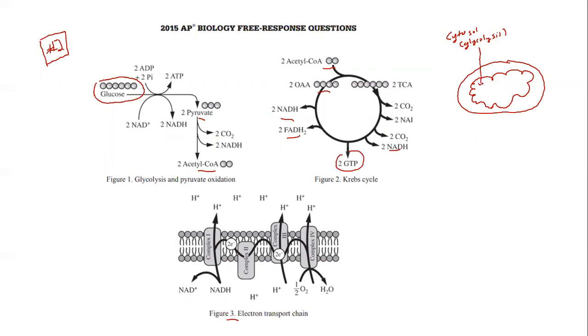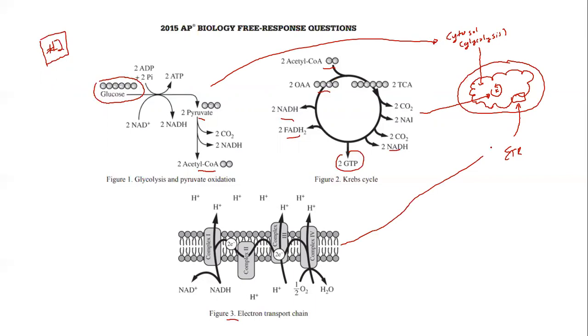Then it goes into the mitochondrial matrix, and this is essentially where the Krebs cycle takes place. I'll just put a K there. And right around here, on the inner membrane, all throughout the mitochondria, this is where the ETC takes place. So the Krebs cycle takes place in the matrix, glycolysis takes place outside in the cytosol, and the electron transport chain takes place right there.